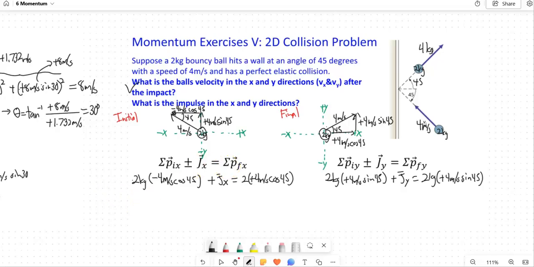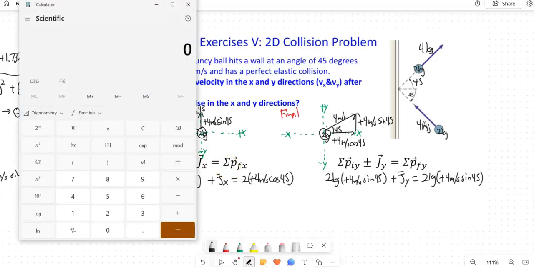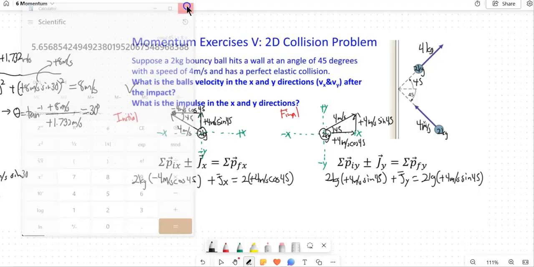Let's start calculating some numbers. So this is going to be 45 degrees, trigonometry, cosine, 0.707 times 8 equals 5.66.